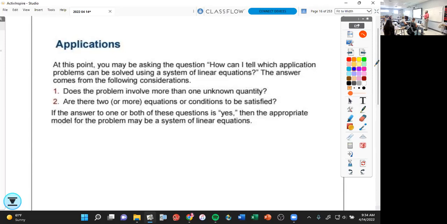So more than one unknown, more than one equation. Is one equation a system? No, you got to have at least two, right? So as long as we have more than one unknown, two or more equations, then yes, we might be able to solve this problem with a system.